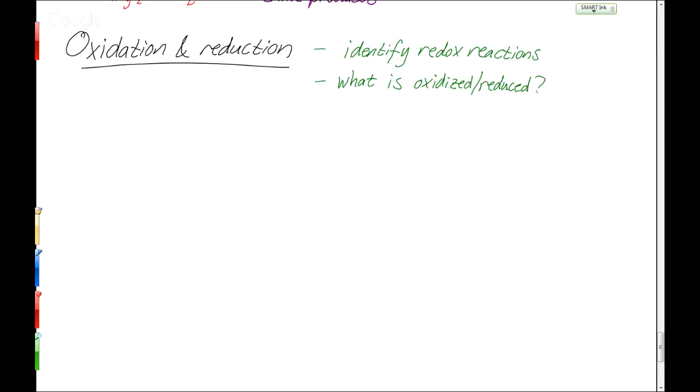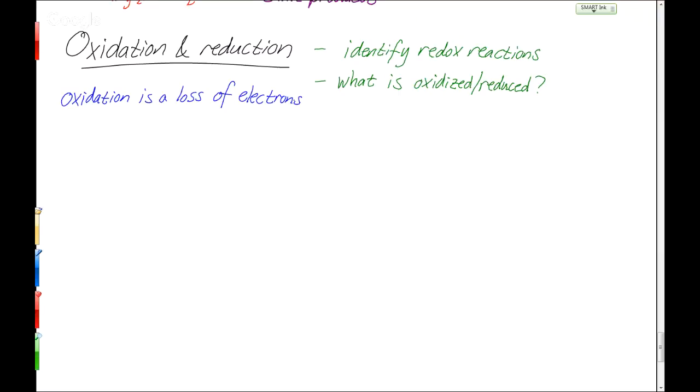We're going to say oxidation is a loss of electrons. So that means something changes its charge in such a way that it loses electrons.